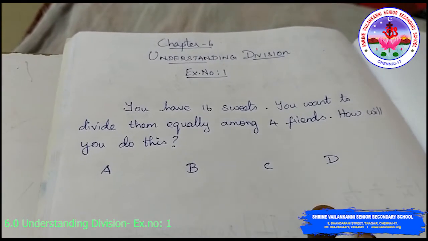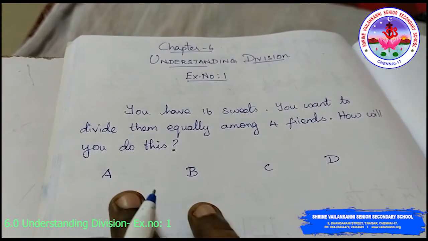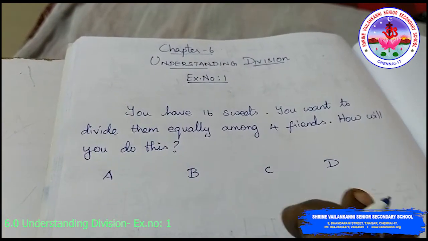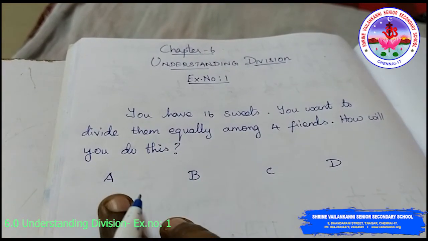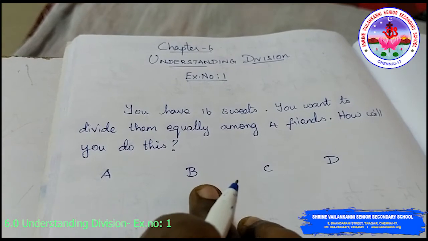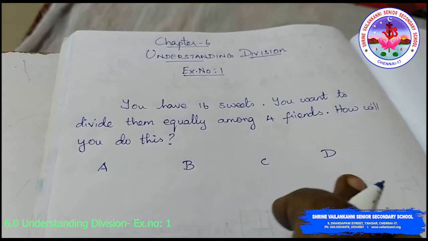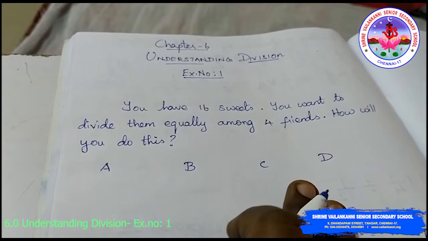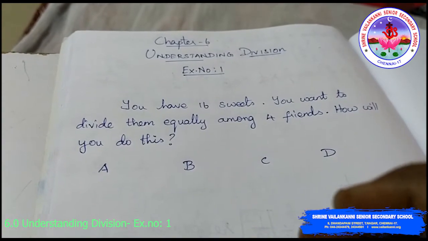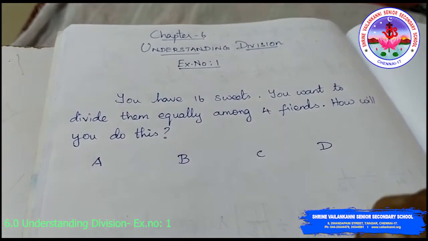Now I have just considered A, B, C, D as the 4 friends. A is the first friend, B is the second friend, C is the third friend, D is the fourth friend. Now I am going to consider the sweets, you can imagine any sweets.